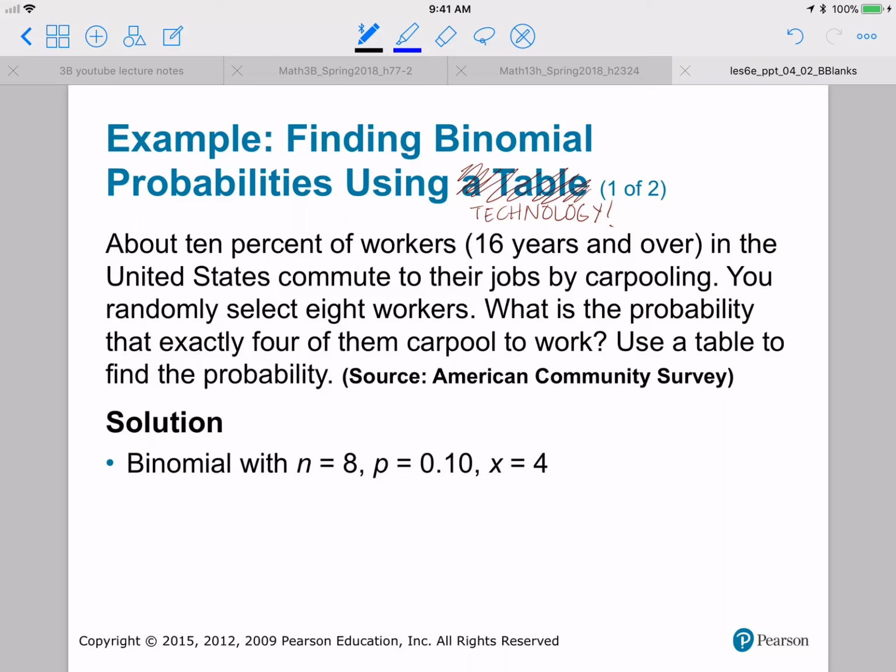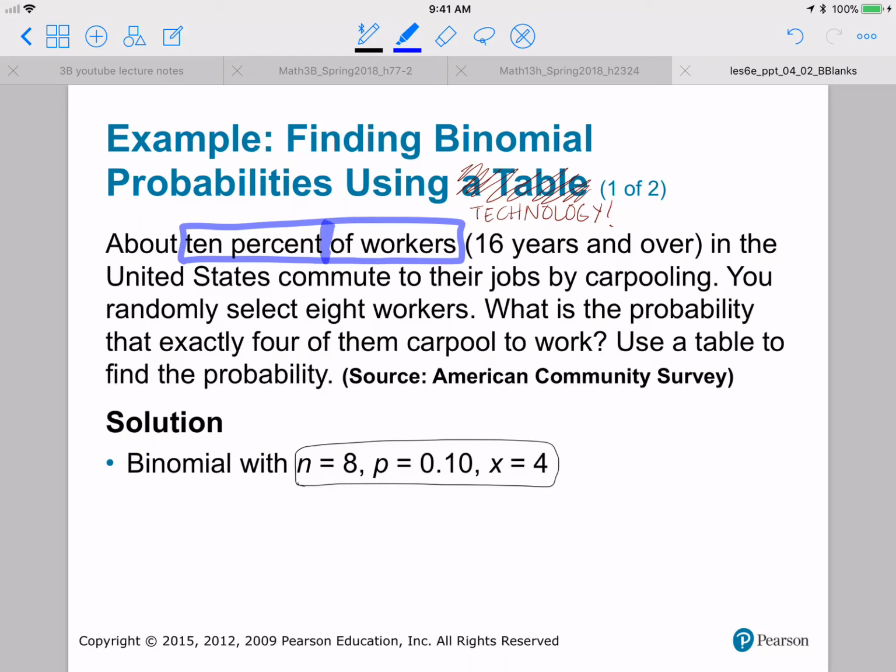And now, you should see that N is equal to 8, P is equal to 10%, right? Because it gives us the information that about 10% of workers carpool. So 10% is the probability of success. What is a trial?